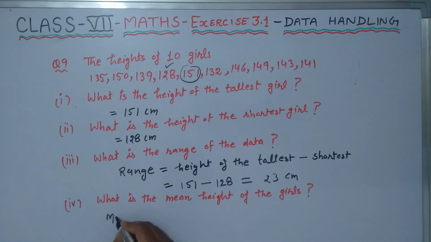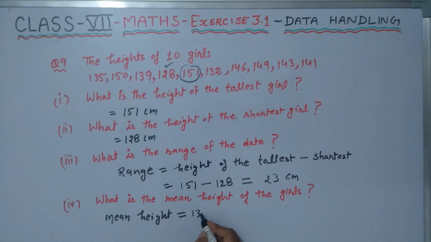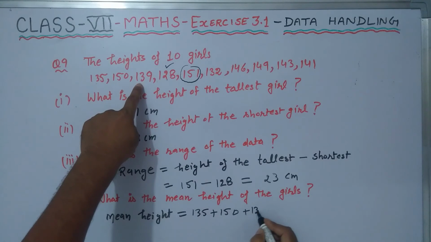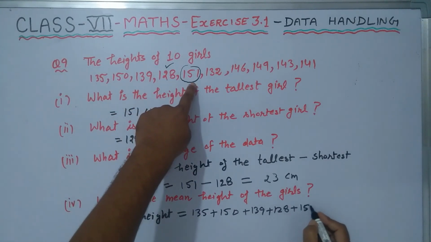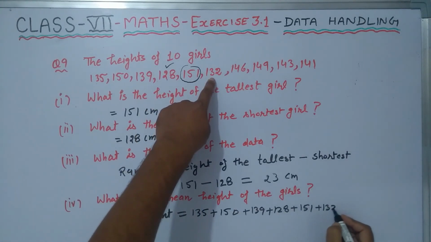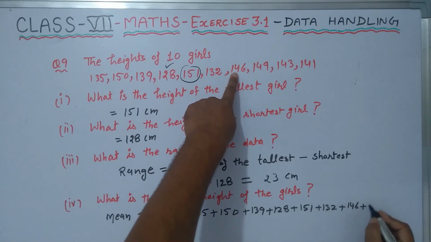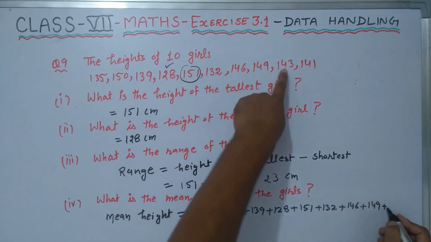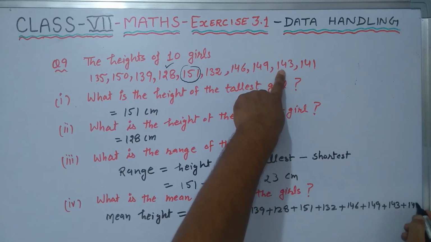So mean height is equal to adding the heights of all girls: 135 plus 150 plus 139 plus 128 plus 151 plus 132 plus 146 plus 149 plus 143 plus last is 141.